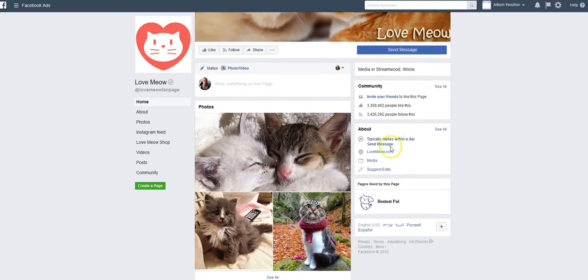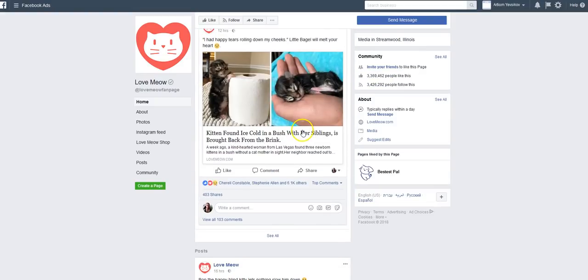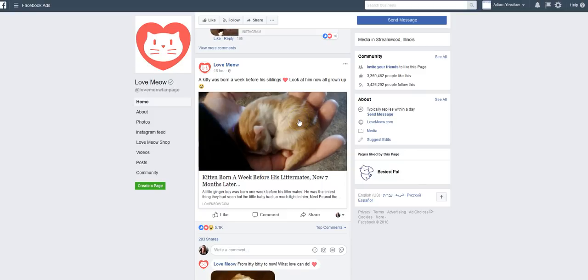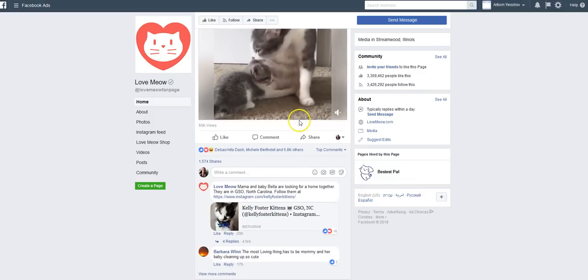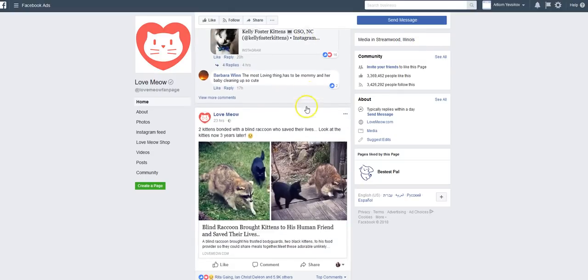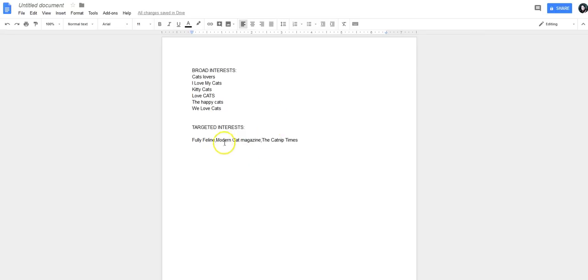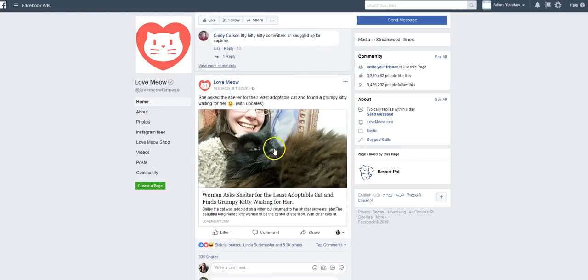Media. So they definitely have a lot of engagement, a lot of engagement. And they are media. So I would place it between the most important keywords. I like the engagement.